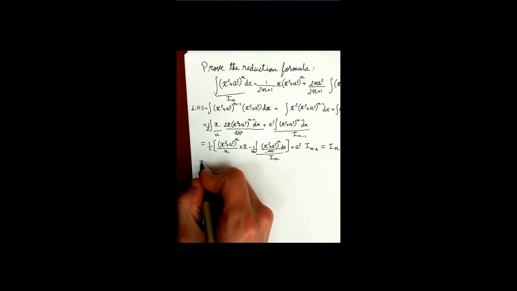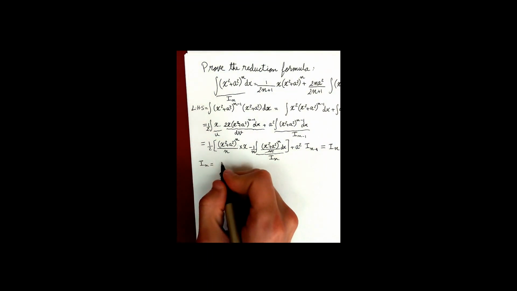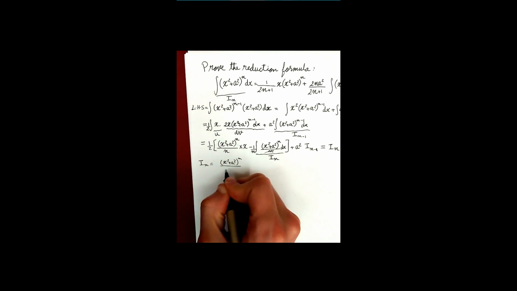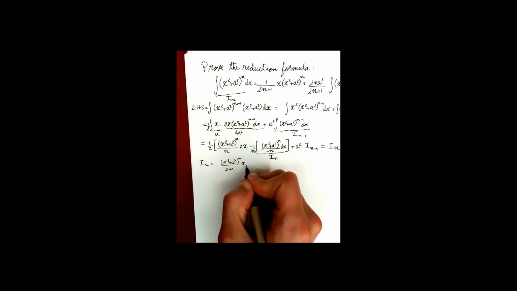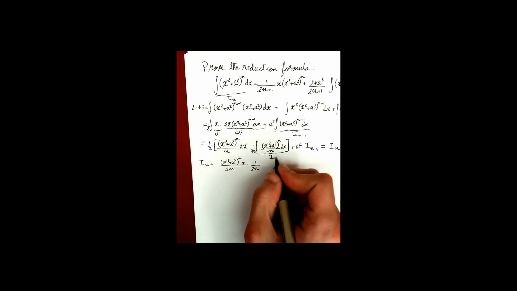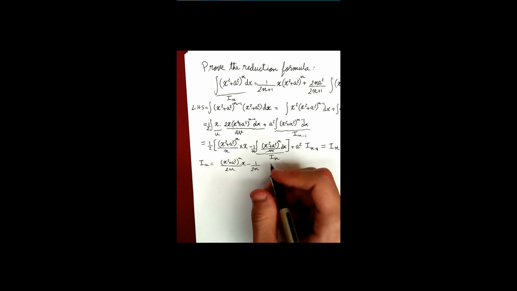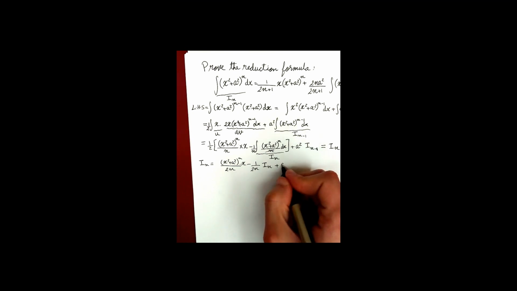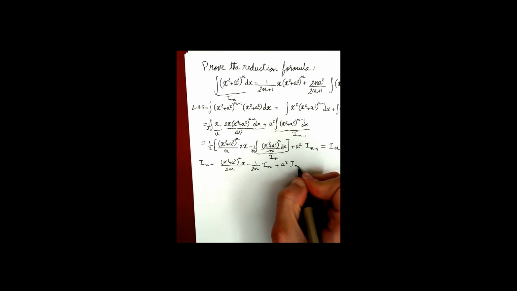So In is equal to what? It is equal to this, and I will distribute the half. So x squared plus a squared power n over 2n times x minus 1 over 2n, and this whole part is In, plus a squared In minus 1. As you can see, the problem is much easier now.